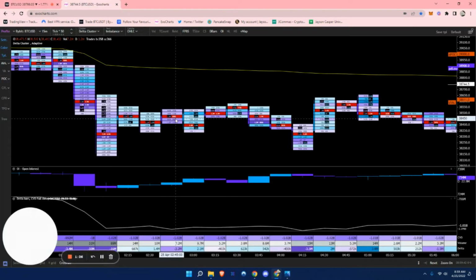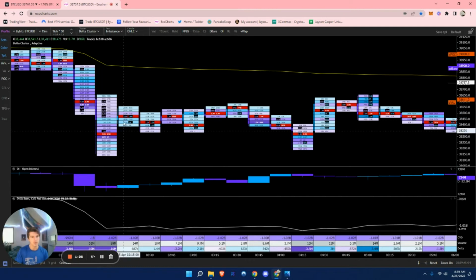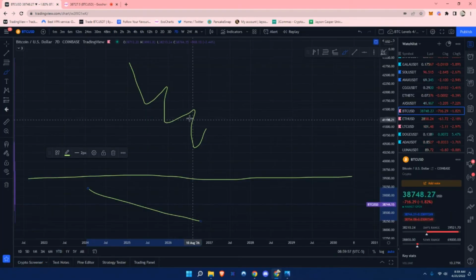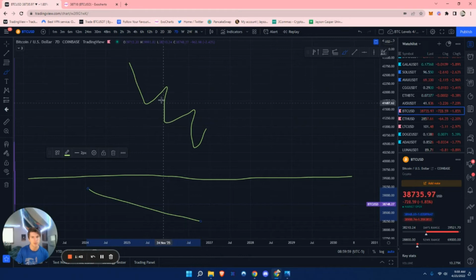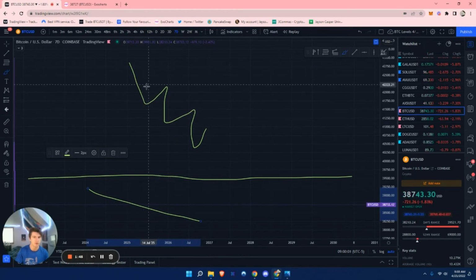Again, in Exocharts, we can only really see the market orders going on. You can see right here we had a whole bunch of market order shorts, with price coming down, making lower lows in a lower-lows channel structure.